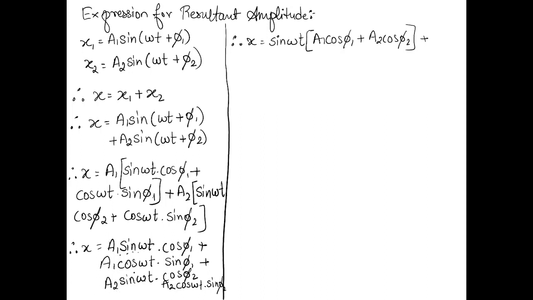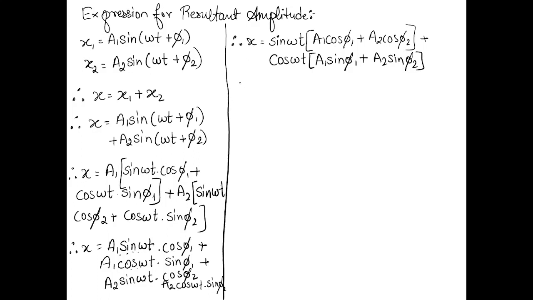In the next one, you can take the second and fourth terms, and take cos omega t outside. So you will get a1 sine phi 1 plus a2 sine phi 2. Okay.